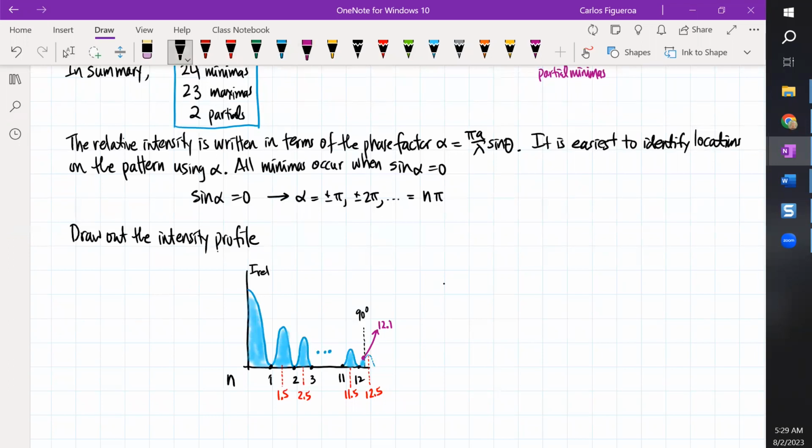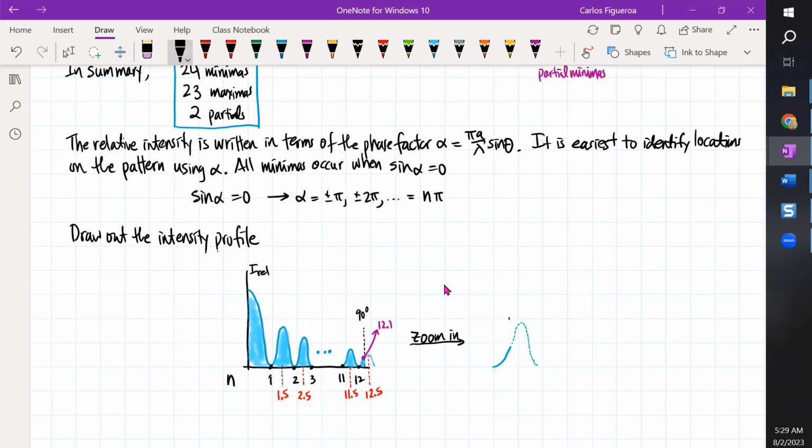Now, if I zoom in, what I'm really seeing is this thing going up, and it's looking like this.